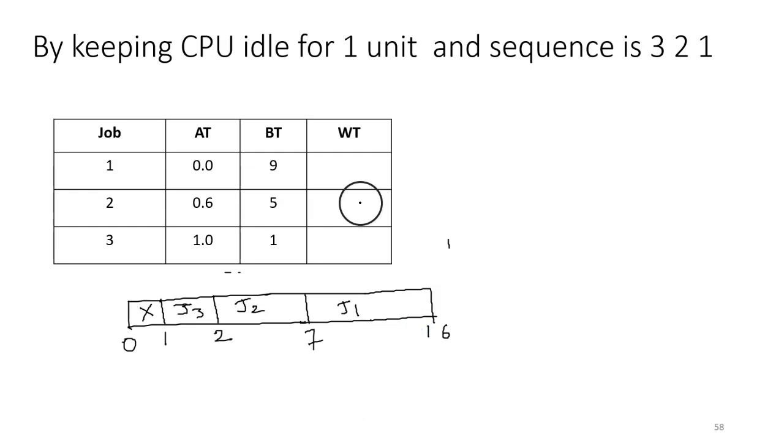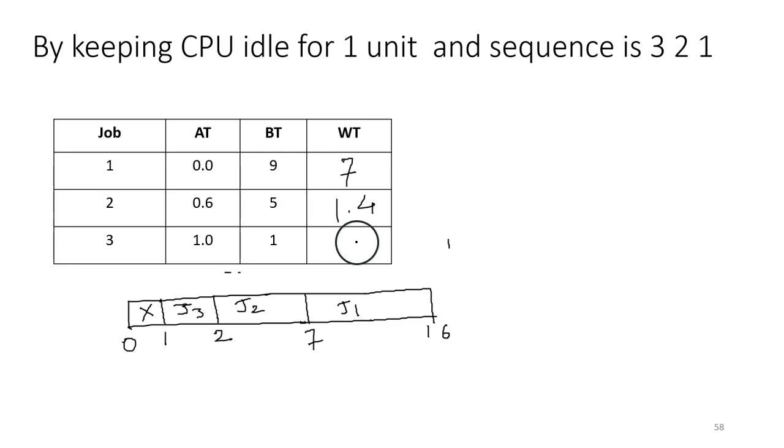So let's calculate the waiting time for all jobs. Job 1 arrived at 0 and got CPU at 7, means waiting time is 7. Job 2 arrived at 0.6 and got CPU at 2, waiting time is 1.4.